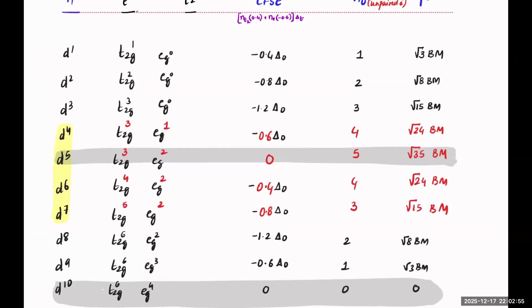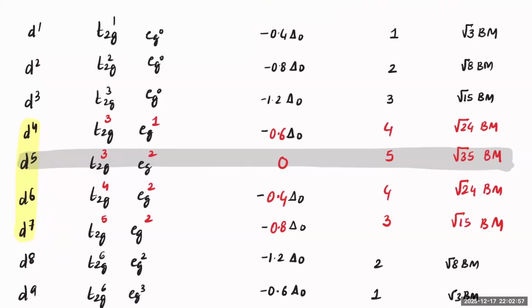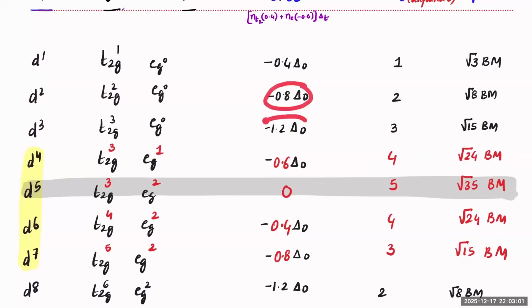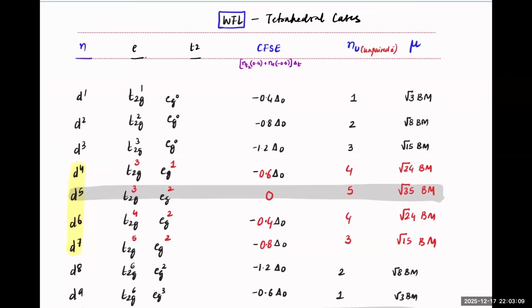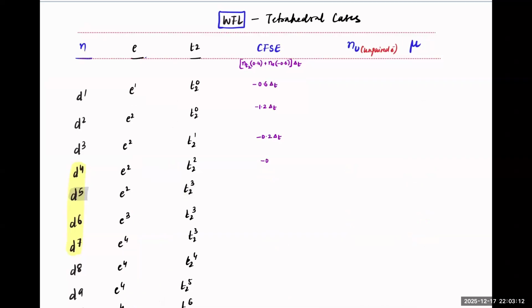So in case you have these cases, you can see minus 0.8 delta naught. And then we have minus 1.2 delta naught. And if you have D4, it is minus 0.6 delta naught. Sorry. This one is for, that's why I deleted that.